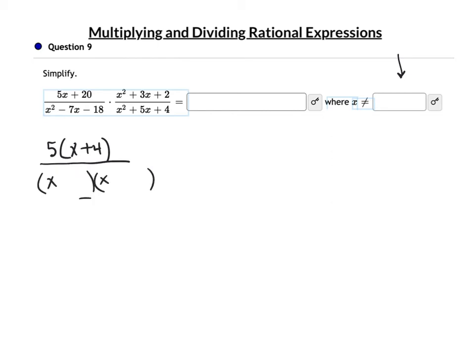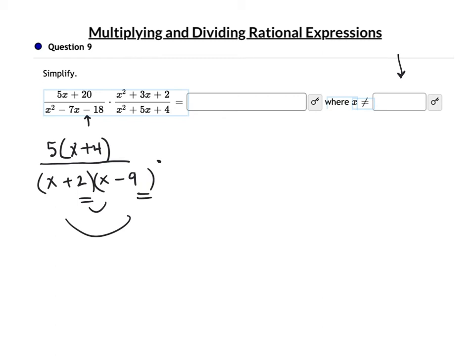I know that this number times this number makes negative 18. It's a positive and a negative. Factors of 18 that subtract a 7, since it's a positive and a negative, that would be 2 and 9. But really, they add to negative 7 when you FOIL, the outer and the inner, add to negative 7. That's negative 9 and positive 2.